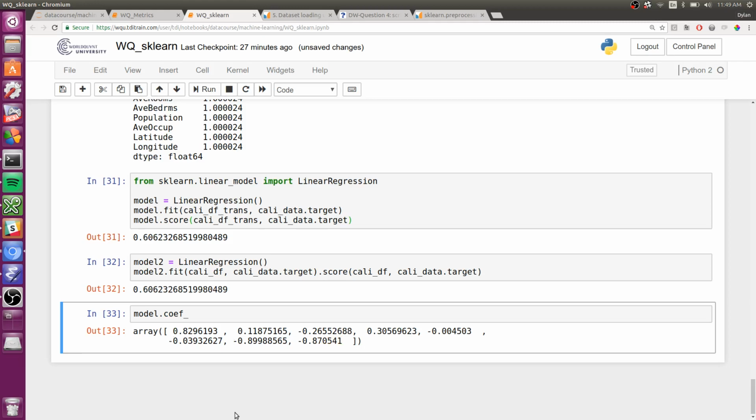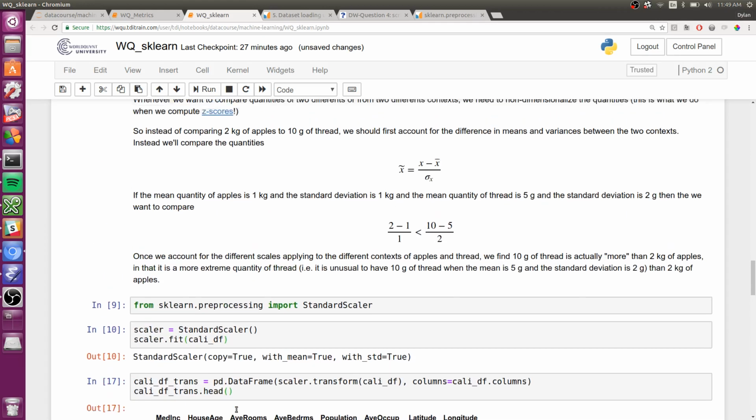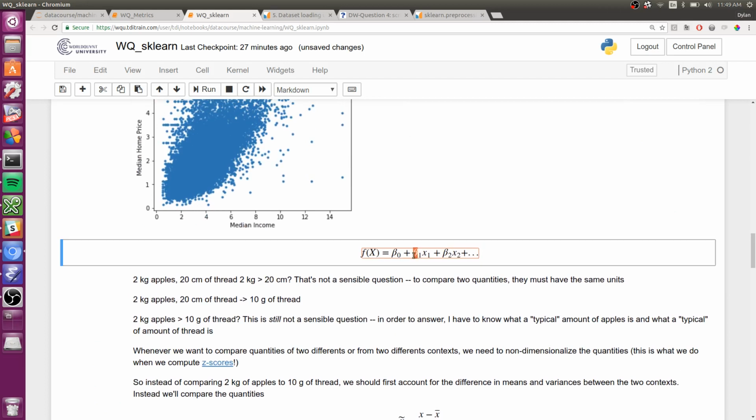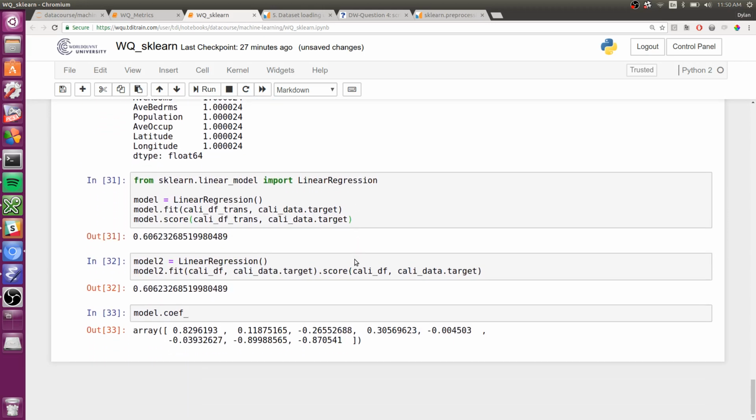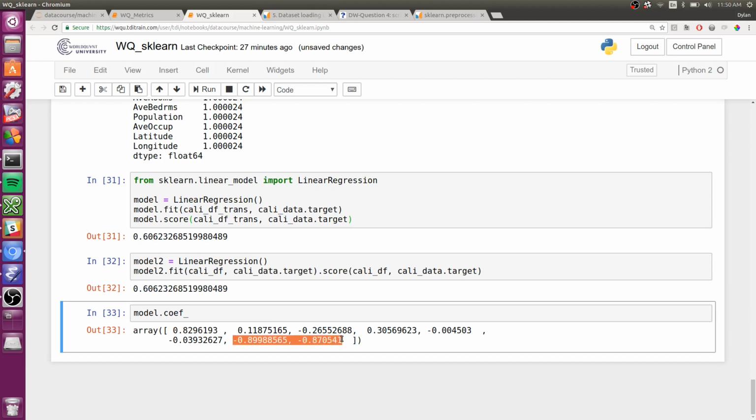So if one of these coefficients in my model is 0, that means that feature doesn't contribute at all, because that feature is being multiplied by 0. If, on the other hand, this coefficient is large, that means this feature has a large impact, positive or negative, on the predicted value. So the first feature and the last two seem to be most influential, while these two features are not very influential.